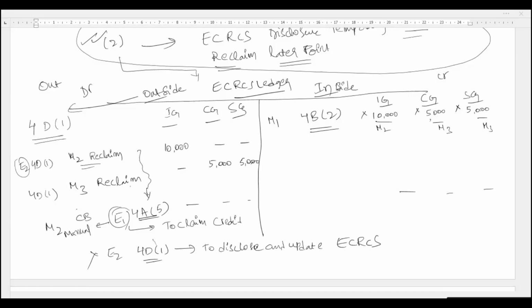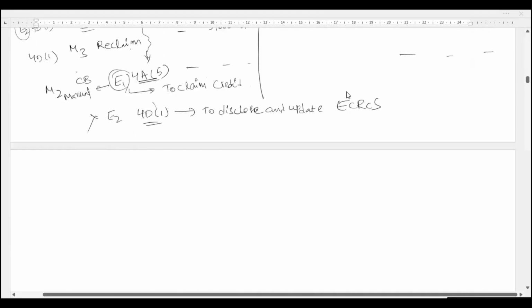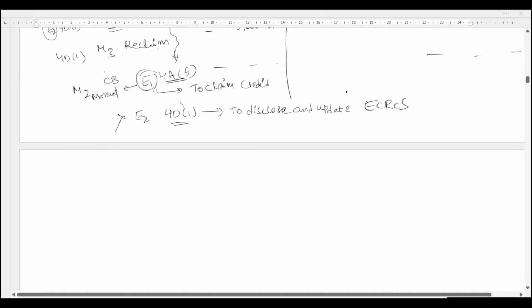Yes. This 4A5, 4D1, we have to do manually. Now, this is where we need to have an Excel tracker on a monthly basis, every month, for 4B2.